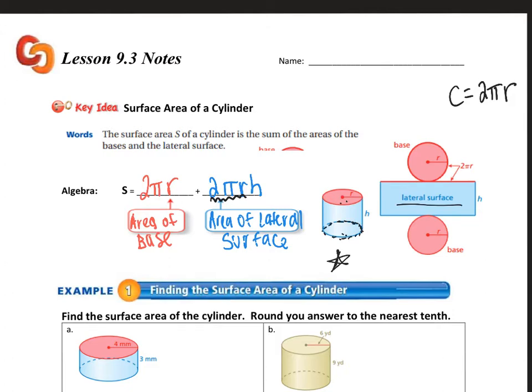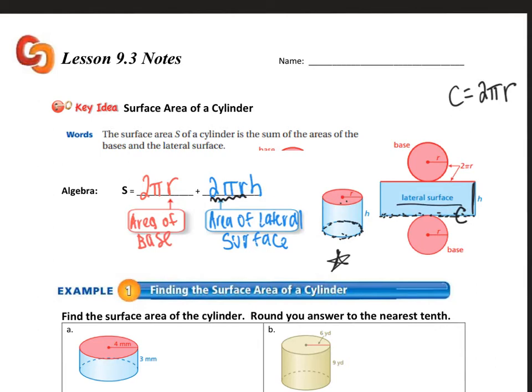Because when you take off that soup can label, that circumference is going to be the base length of the lateral surface area. So what we're finding here is the circumference of the cylinder, and then you multiply that by the height to get the lateral surface area.